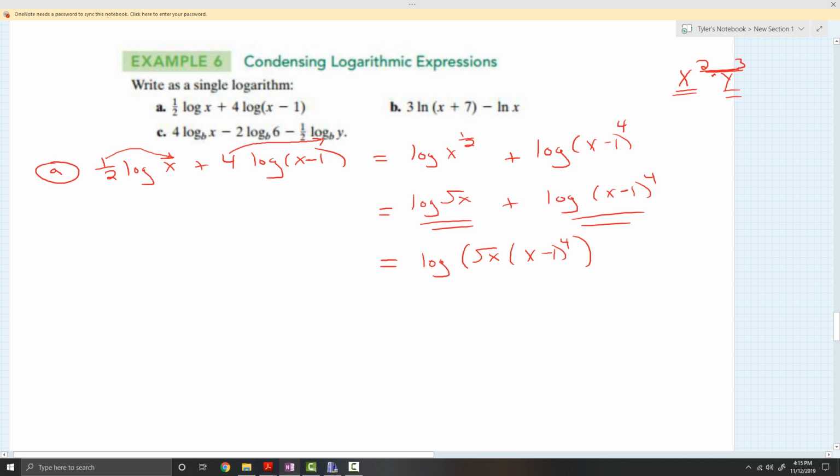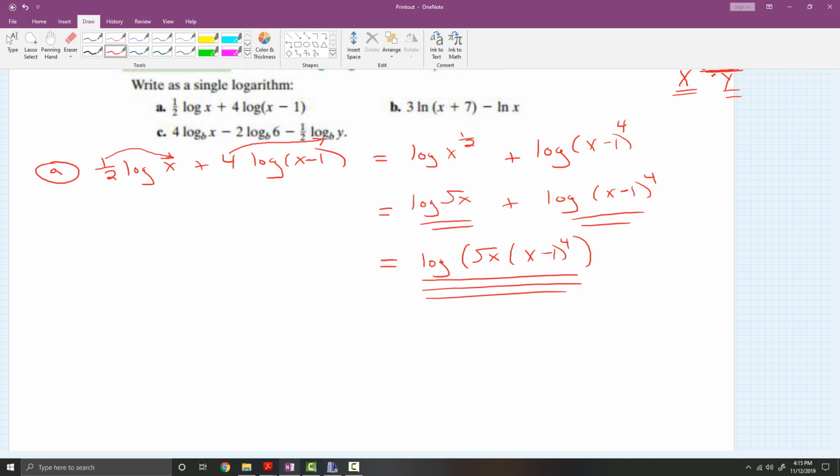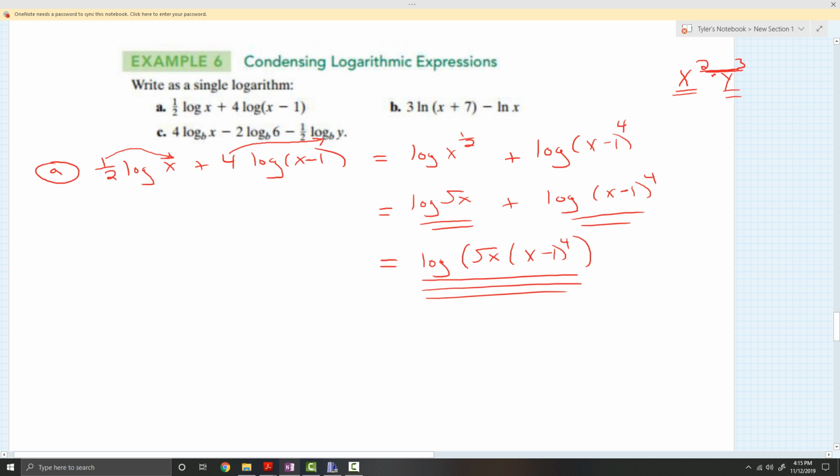So this would be the condensed single logarithm. Of course we're practicing these properties because there are going to be times where it's convenient or necessary for us to be able to condense or expand the logarithms when we're working with them, right?